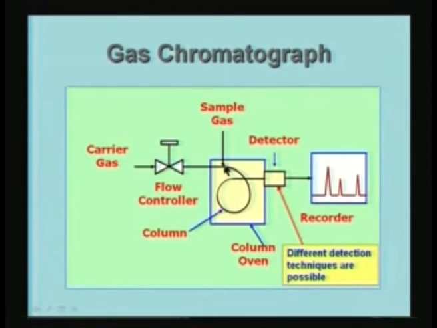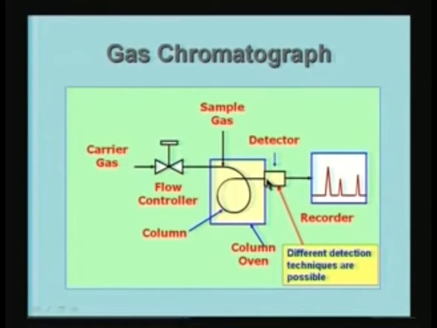It is a column because inside it looks like a column, because it is a very long one. And when the sample gas moves through that, the different constituents in the sample gas will move through this column at different velocities. That means, at the other end of the column, the one which moves fastest will come first here. Next the one which moves a little slower than that, and the one which is slower to that, and so on.